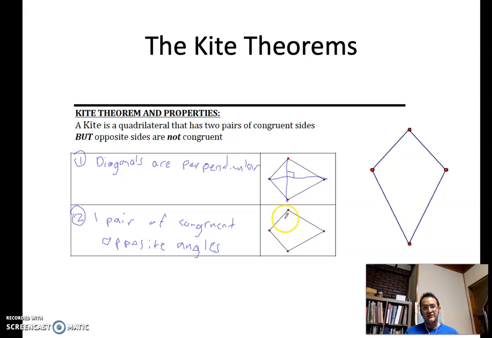So if this angle was 110, then that angle would also have to be 110 degrees. And then by definition of a kite, if this side was 5, this side would also have to be 5. And if this side was 7, then that side would also have to be 7. So the sides that are adjacent to each other are congruent to each other as well.